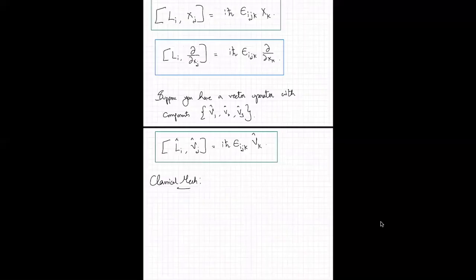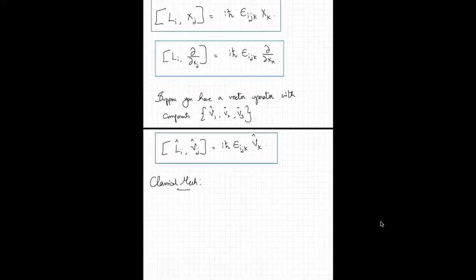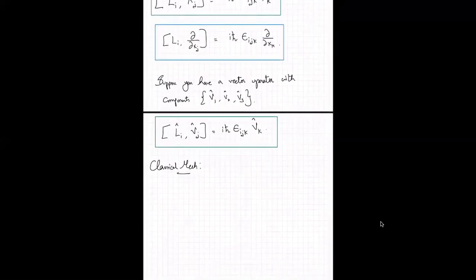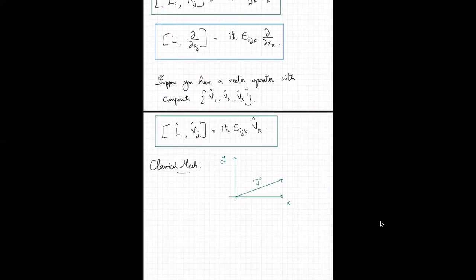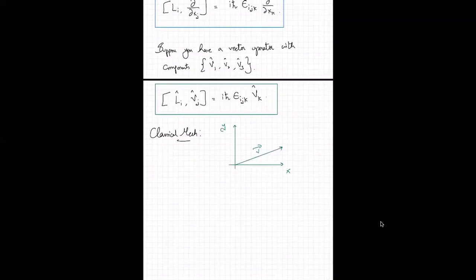So in classical mechanics, if you write down some Cartesian coordinate system, this is my x-axis and this is my y-axis, and I write down any vector, I call this vector v, and it has components vx and vy.